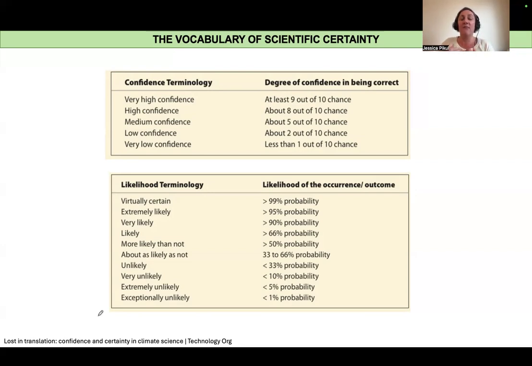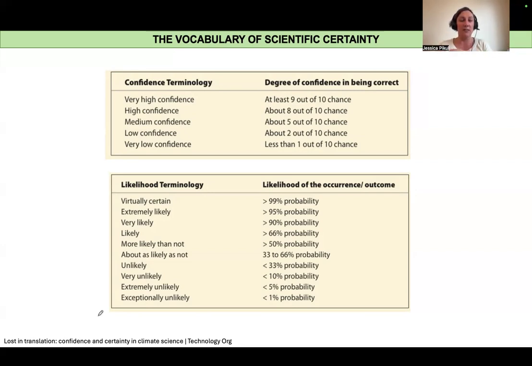So if I say that I have very high confidence in my results, I'm saying like 90%. If I have low confidence, I'm in like the 20th percentile. I think like 20% of my experiments were reasonable, or I have some real gaps and holes.